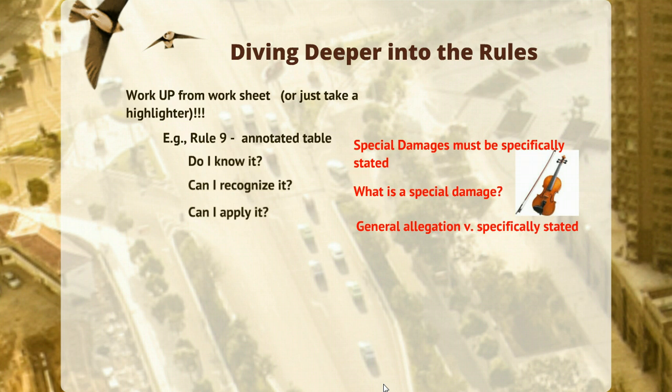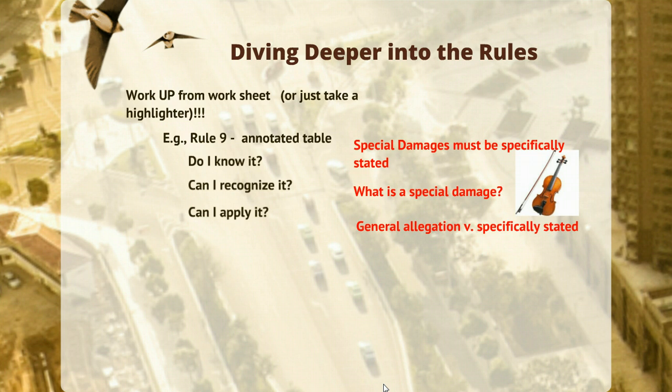And so what I want to do is make sure I have hypos where I've seen general allegations, claims like in our Form 11, that talk about personal injury and property damage would be generally stated versus ones with specifically stated language. In other words, language referring either to an amount or to the nature of the violin by its name, it's a Stradivarius, by how much it's worth. Those would be with more specificity as opposed to property damage.